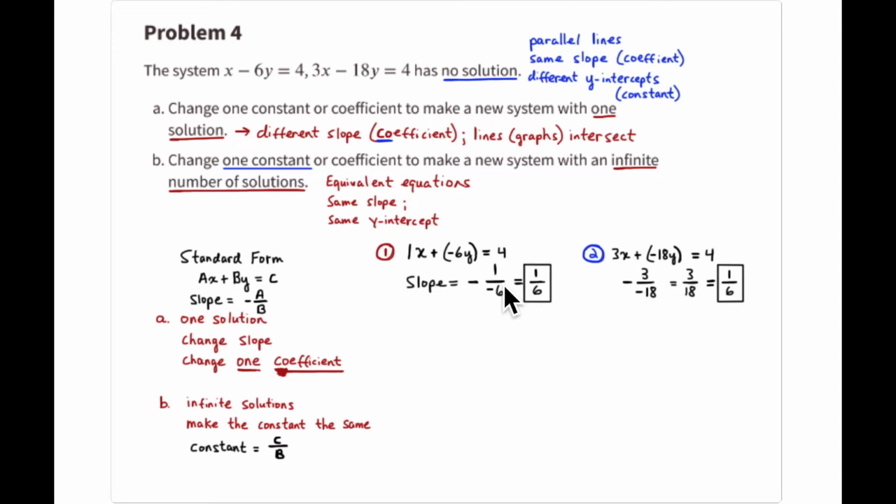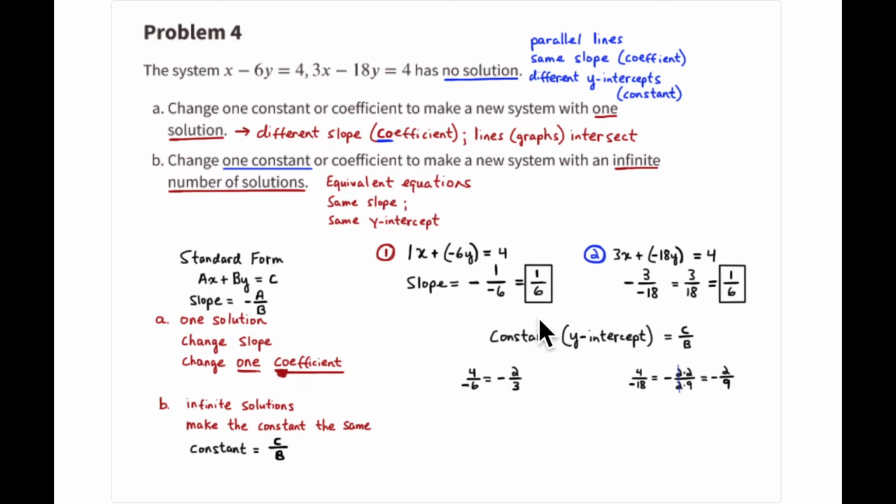Now notice that slope in each case is determined by this coefficient 1, -6, or 3, this 3 right here, and -18. So changing any one of those four will change the slope of that equation. Once you change the slope, and they have different slopes, they will intersect at one point. For B, it says change the constant. Well, the constant is the y-intercept, and that's calculated as c divided by b.